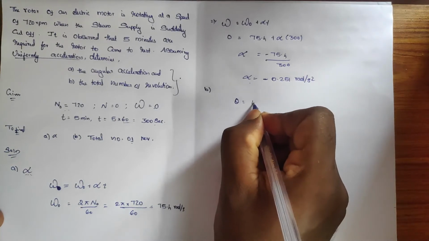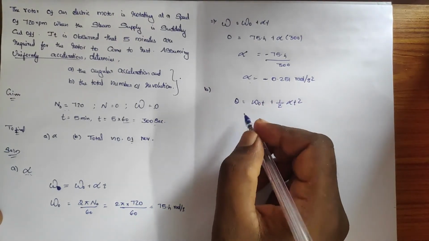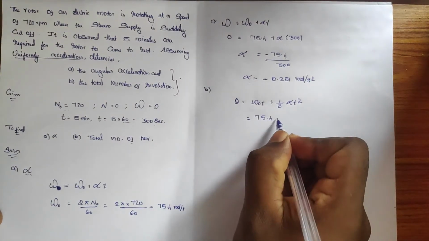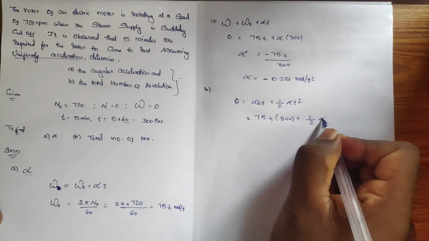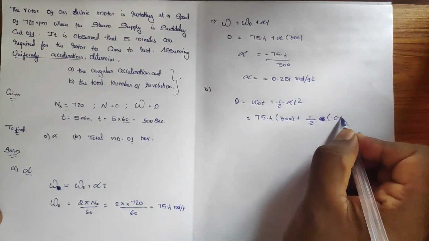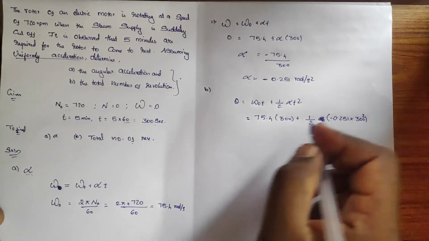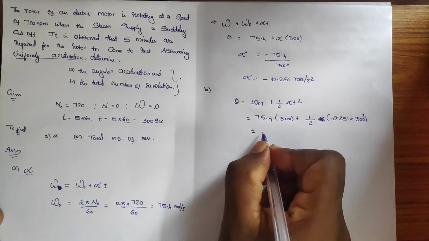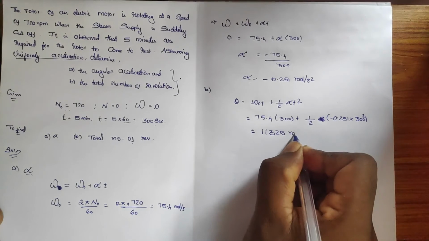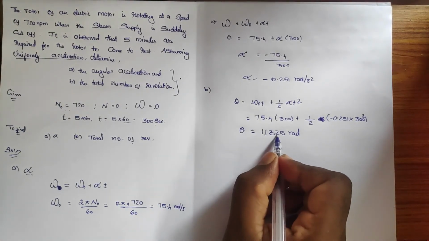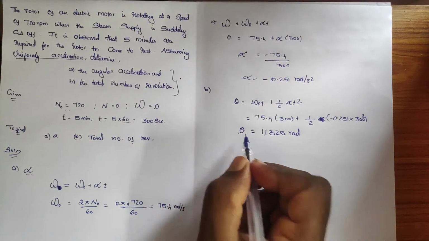Substituting omega naught, 75.4, into t which is 300, plus 1 by 2 alpha, and the alpha we have found is minus 0.251, into 300 square, you will get the answer 11,325 radian. This is theta, the angle of displacement.